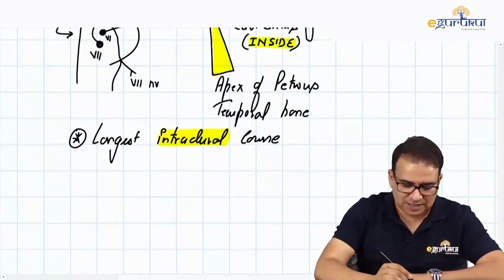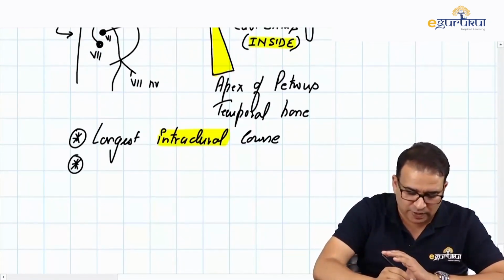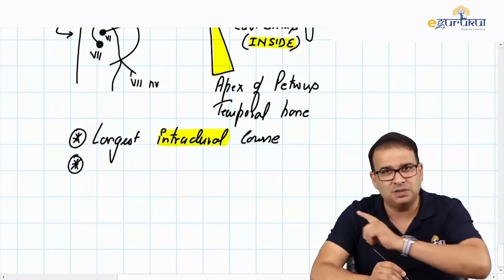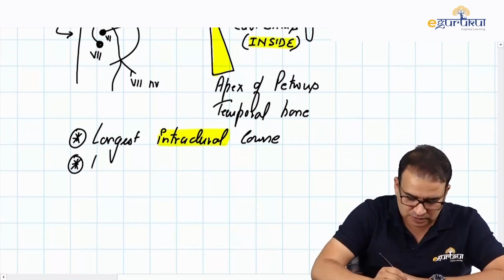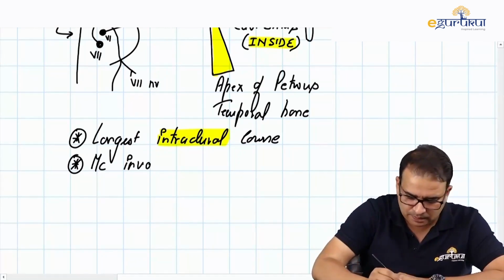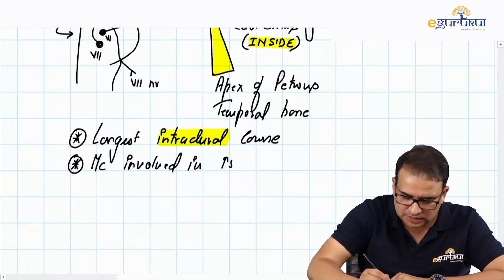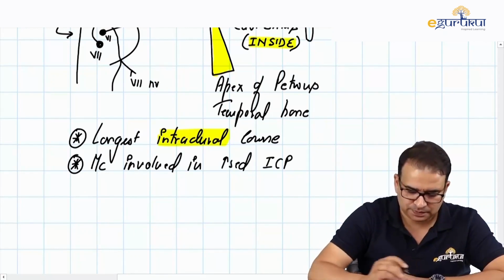That's why if the question is asked which is the most common nerve to be involved in increased intracranial pressure, the answer has to be the 6th. So most commonly involved in increased intracranial pressure.